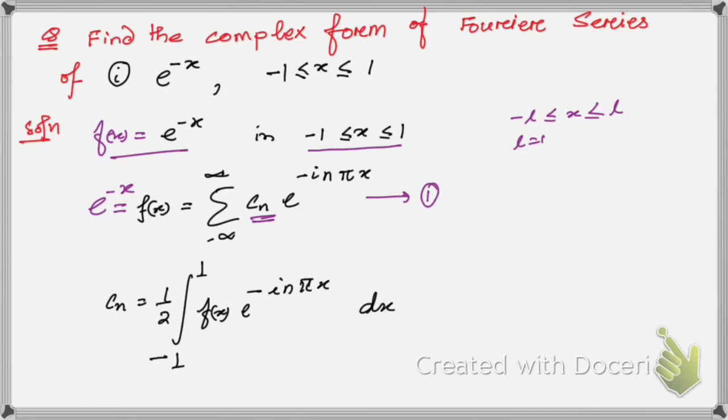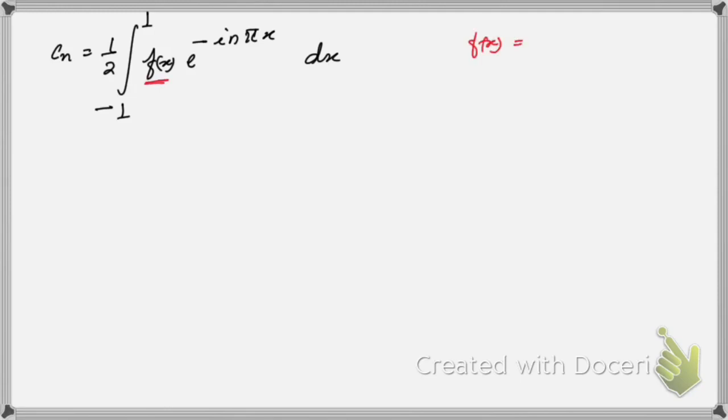So now let me go to the next slide and let me copy this one first. To obtain the value of Cn, let me go to the next slide. So here is Cn. So how to obtain this? Now you see we already have f of x, that is given, the function is e to the power minus x. So let us put f of x is equal to e to the power minus x.